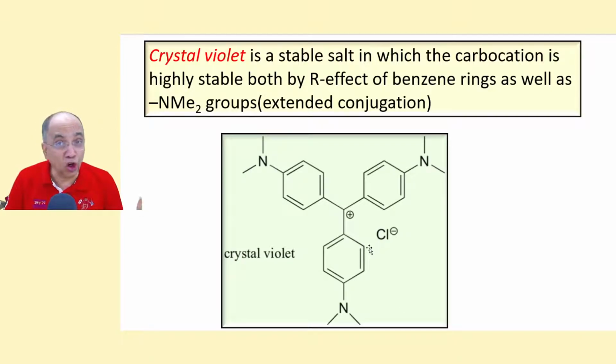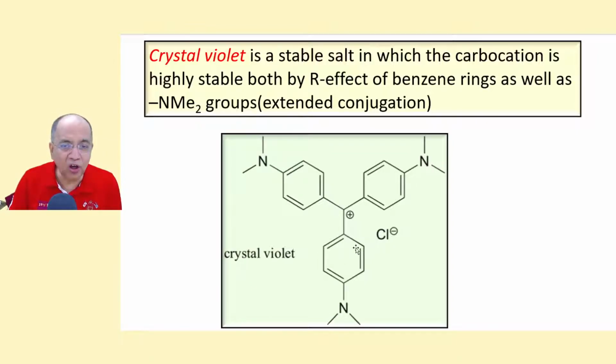And it is not a surprise to you now why this carbocation is so stable that it is not dying. It is because it is not only triphenyl methyl but also supported by the para dimethyl amino group, where nitrogen has a lone pair which will further conjugate.